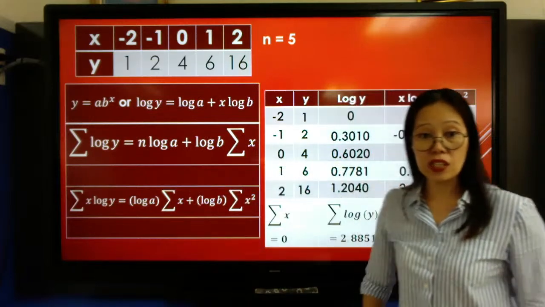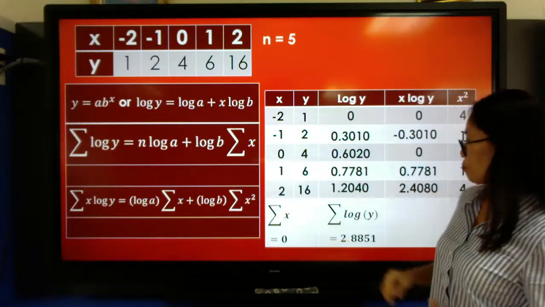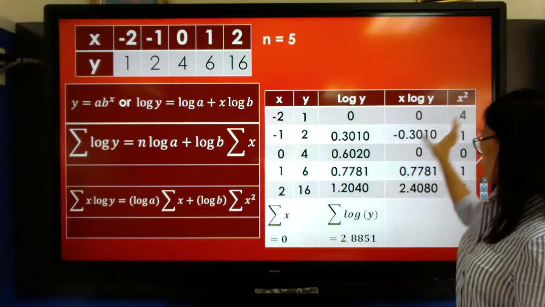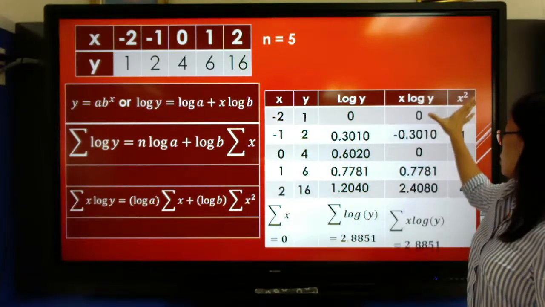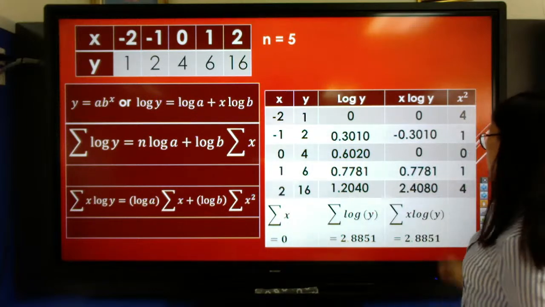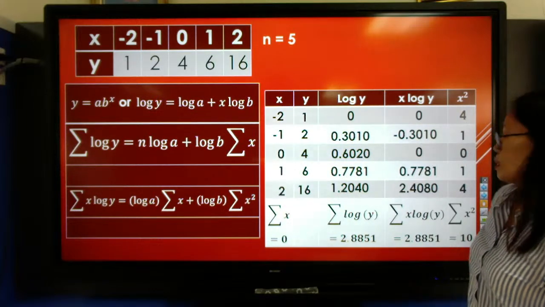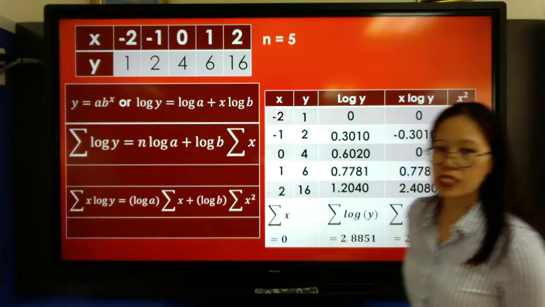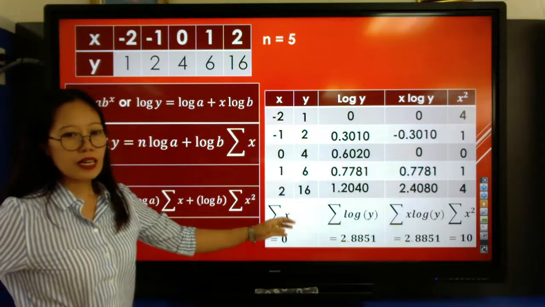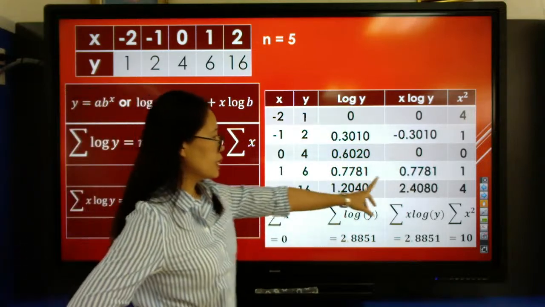So we have the summation of the logarithm of y, then the summation of x times the logarithm of y, and of course the last one, the summation of x squared. Again, this is from our previous lesson.